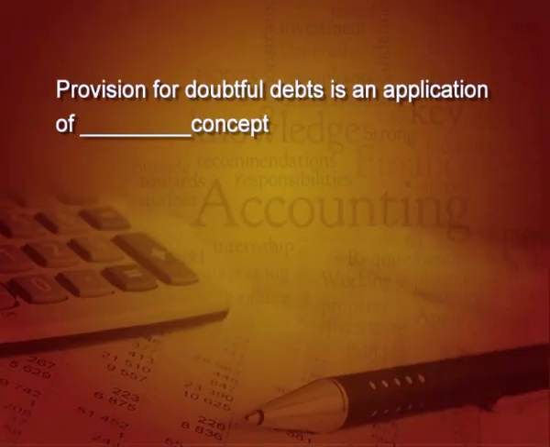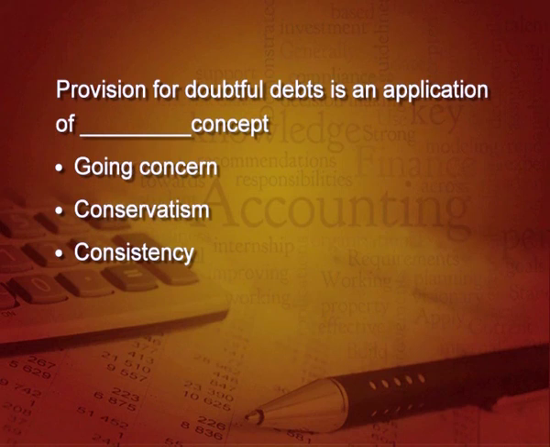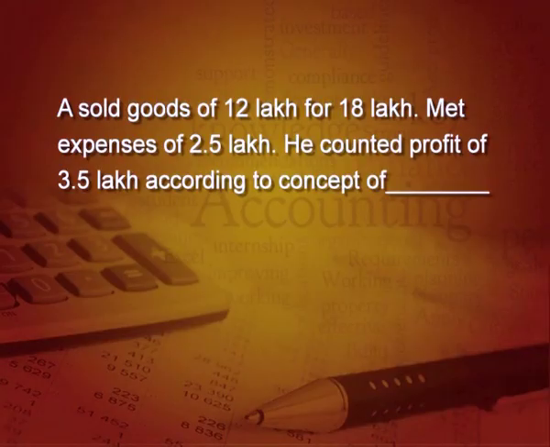Next one, provision for doubtful debts is an application of which concept? When we make provision for bad debts, which is that concept? Is it going concern, conservatism, consistency or entity? Right, it is conservatism. Now, let us do this question. A sold goods of 12 lakh for 18 lakhs. So, he is making a profit of 6 lakh. Now, he met the expenses of 2.5 lakhs from that.